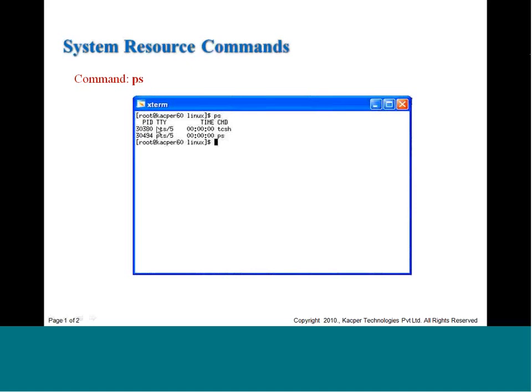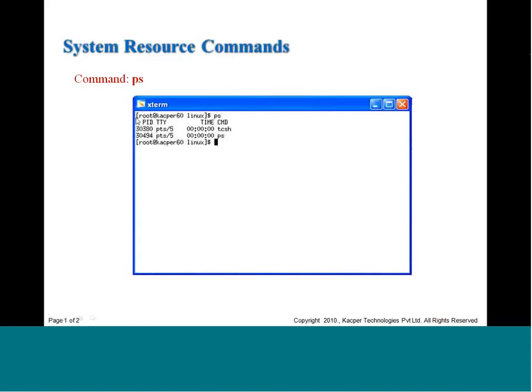It starts from this terminal, PTS5, at time 0, and the command itself is the tcsh shell. Then, since we typed ps, that ps started another process. That ID is 30494, and the process command is ps. Simple enough, and it can be more complicated than this, but at least we will know how to display these processes.